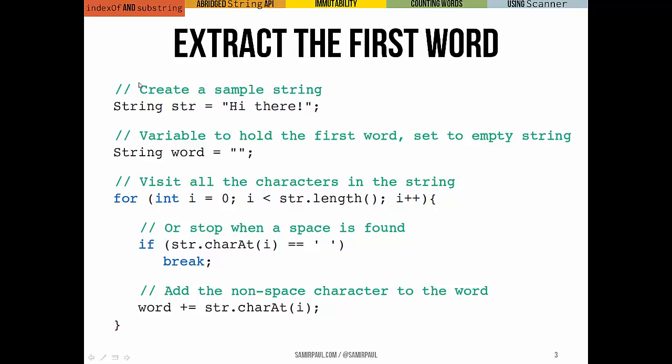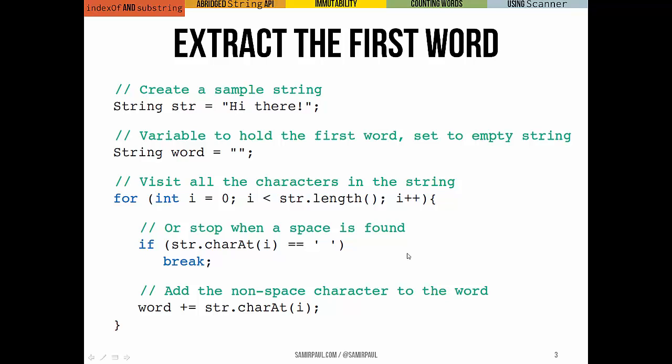So you can see this is our sample string, hi there. This is the variable that we're going to use to hold the first word, and it's initialized to the empty string. We're going to loop through every character in the string from I until the length, or if we get to a space, we're going to stop. Notice we're using char at. Char at, if you remember from the Caesar problem set, returns a character, a char, not a string.